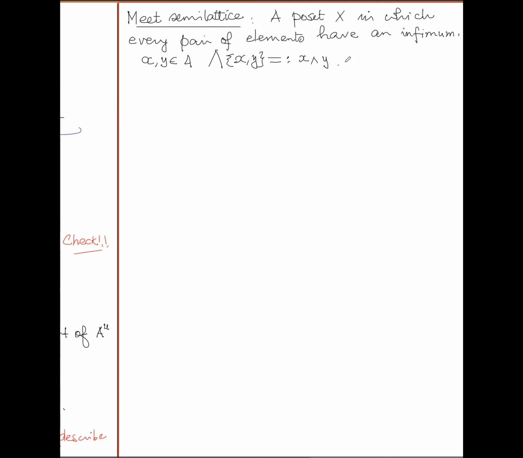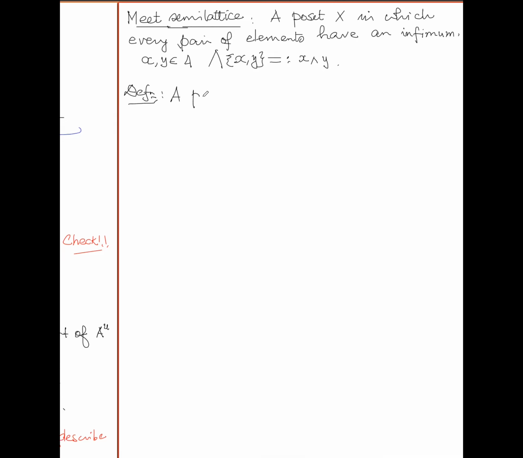This is what most books take, but I think Zurab meant, instead of pair, every finite set. So this is the definition that I will take.